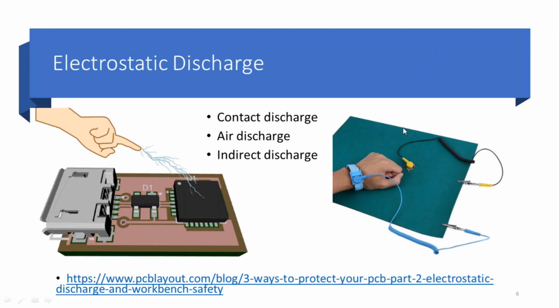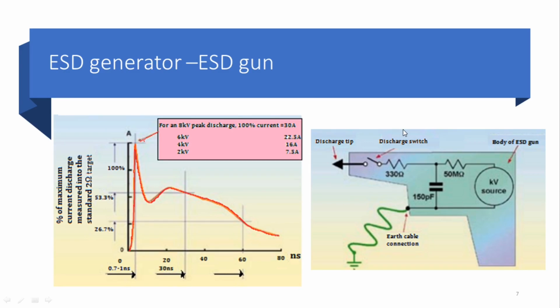So to simulate the electrostatic discharge phenomenon and to find out whether the equipment is immune to such discharges, one of the pieces of equipment for such a simulated environment is the ESD generator.